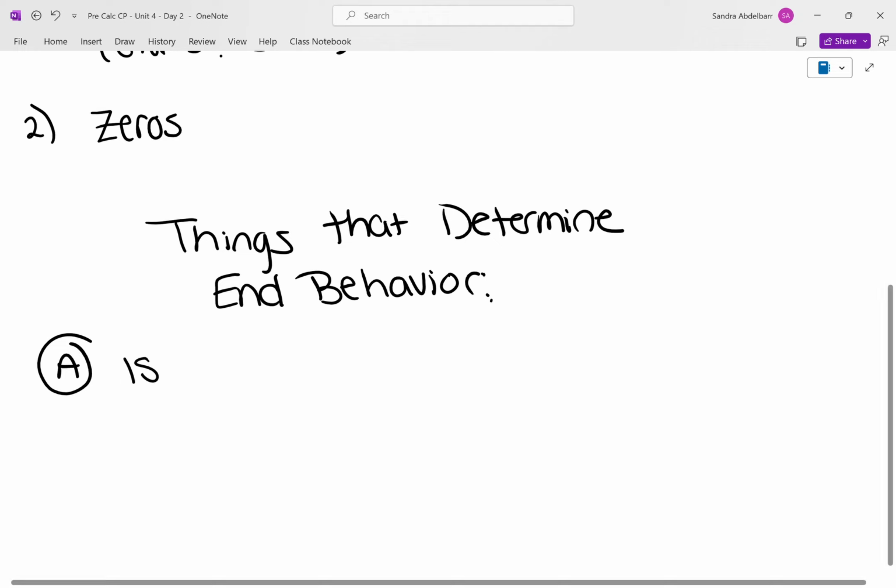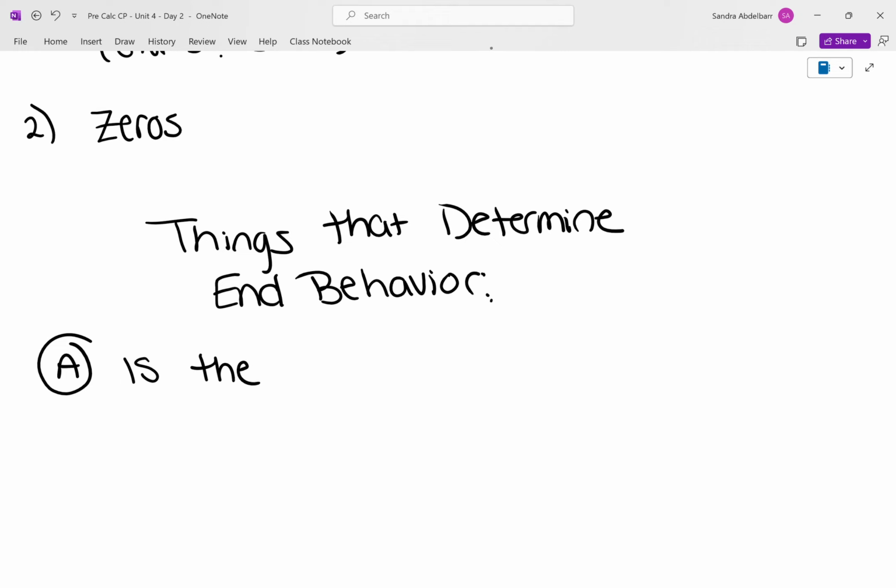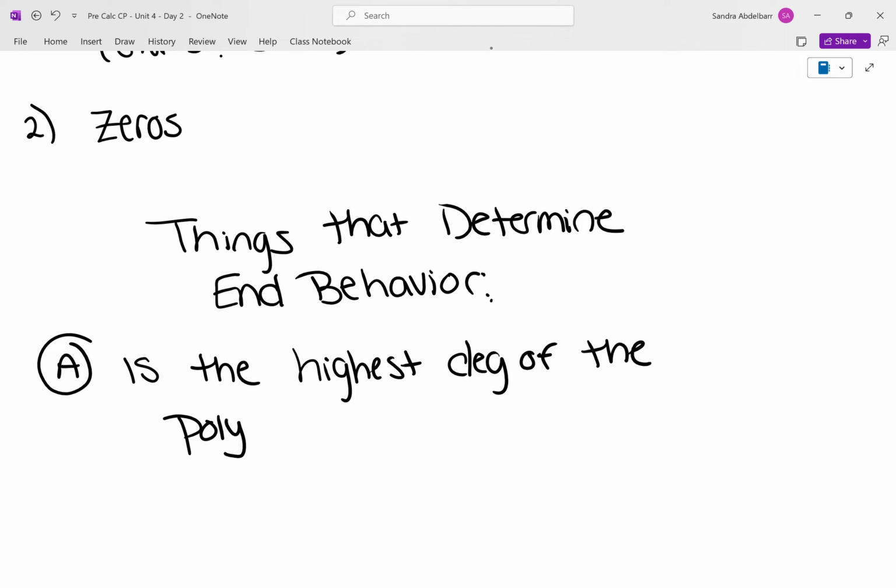Okay, is the highest degree of the polynomial, and I'm going to put in parentheses expanded, meaning if it's like the quantity of x plus 1 squared, you want to consider it squared, is the highest degree of the polynomial expanded odd or even.